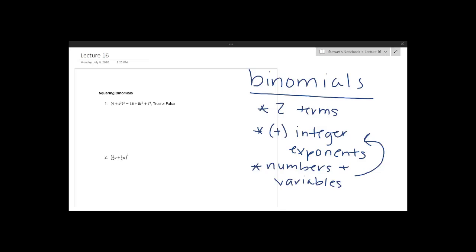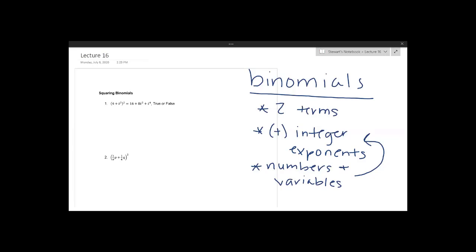So when we talk about squaring binomials, we can't act as we've normally done before and distribute the exponent of 2 inside, because the terms are separated by addition or subtraction. When they're connected by multiplication, as in the case of a monomial, when we were talking about applying exponents to monomials, you just multiply that exponent inside.